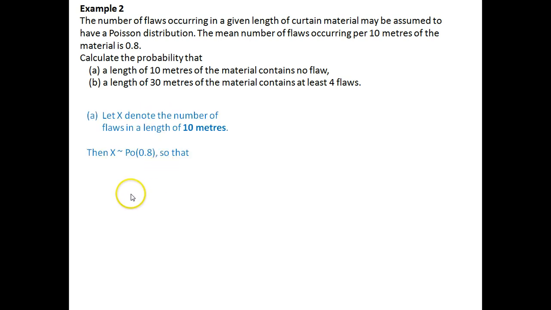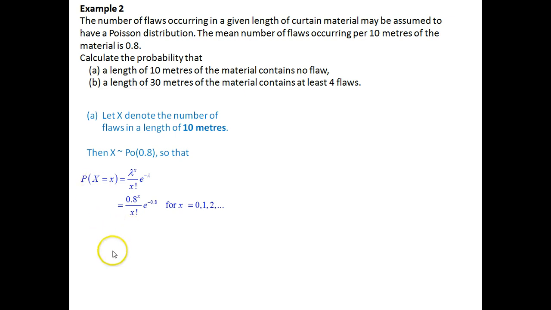We'll do that first. Let X denote the number of flaws in a length of 10 meters. So X is Poisson distributed with lambda 0.8. So there's a formula for the probability of X is equal to a certain x. Put 0.8 in as our lambda, and we get that value for the probability.